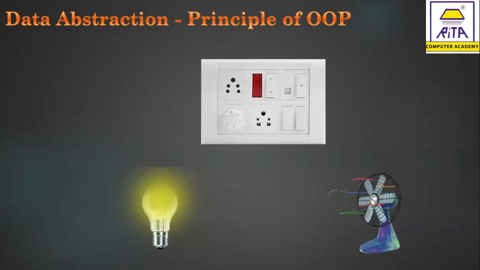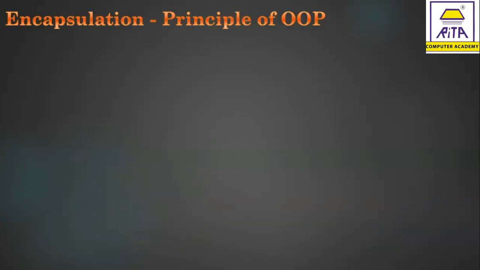Now, let's move on to the next principle, that is encapsulation. In my previous video on object-oriented programming, I already told you that the data and the methods are grouped or merged together in a particular block of a program, that is, an object.